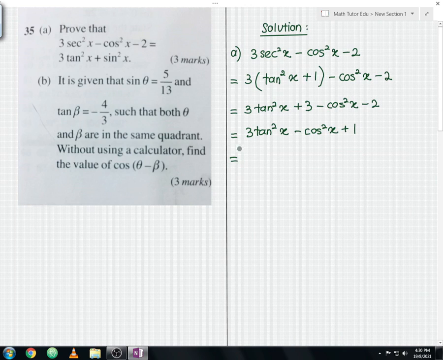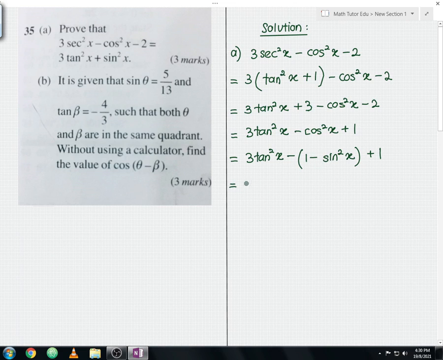So it will be equal to 3 tangent square x minus, in a bracket, 1 minus sine square x close bracket, and then plus 1. So this negative you times inside the bracket.